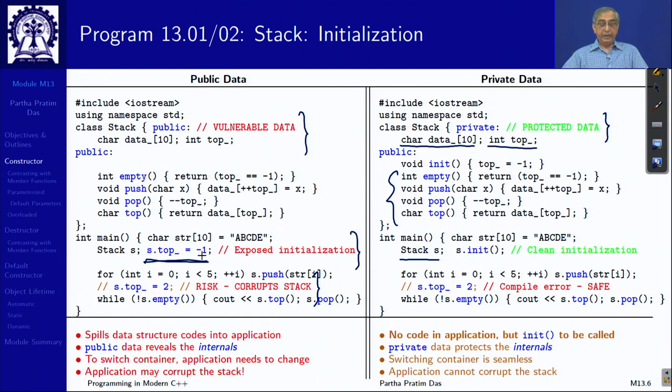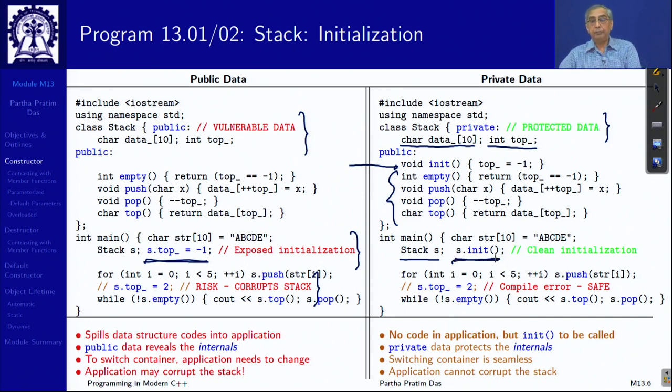So, instead of doing that, which exposes the initialization, I may add another function to the interface called init, and using that function the user can initialize the stack. So, I do s dot init.